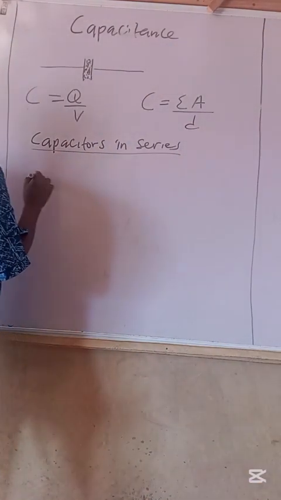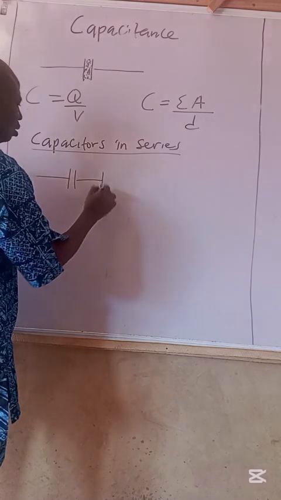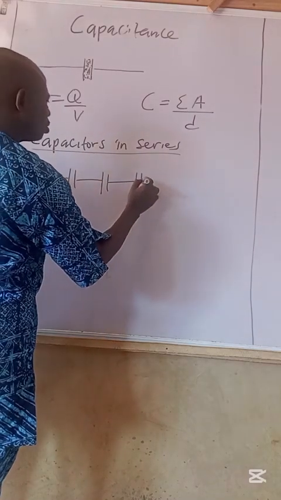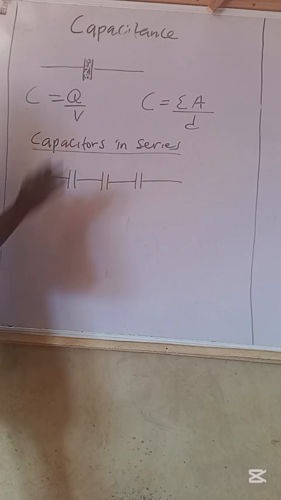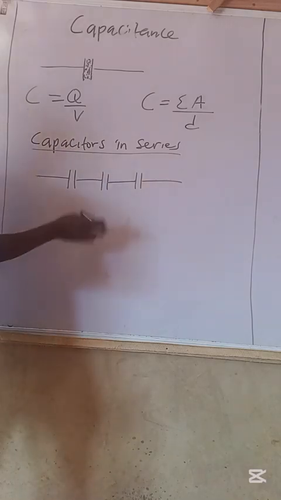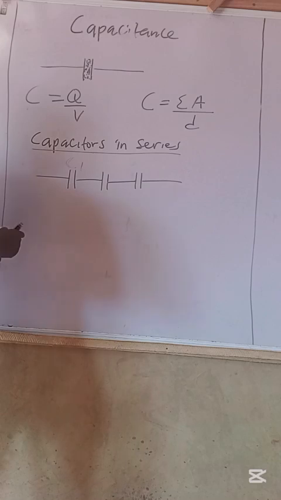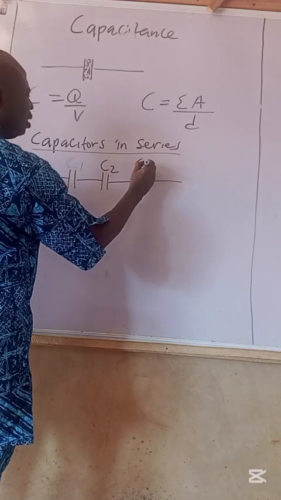Let's say we have three capacitors, and for white students, if you are drawing it, let this thing be the same like that, because if it's not the same, it means another thing. This one is C1, C2, C3.